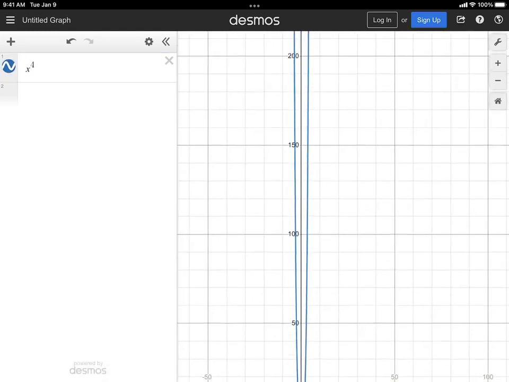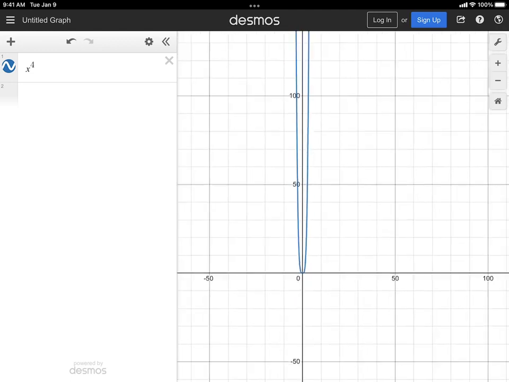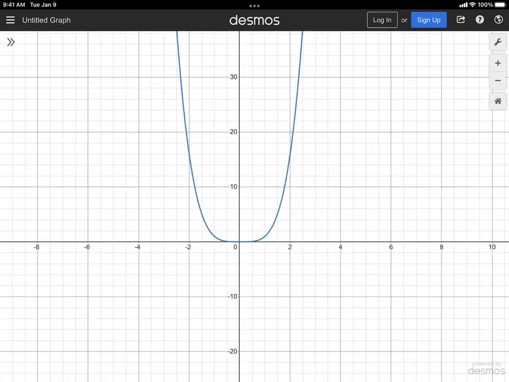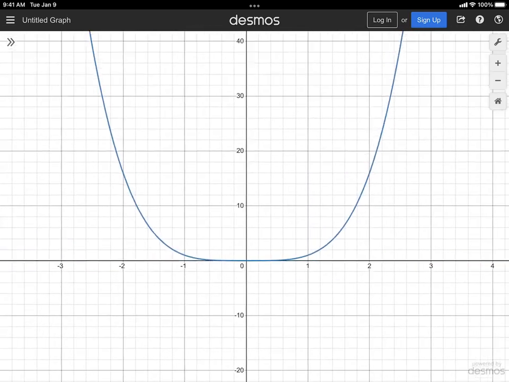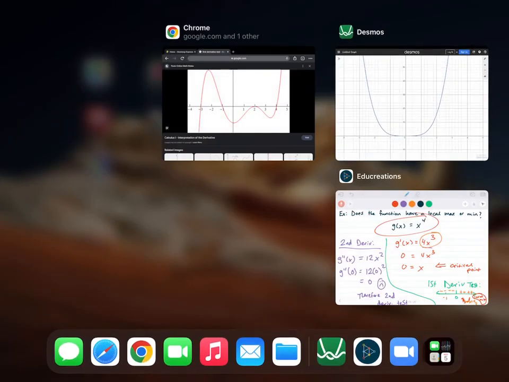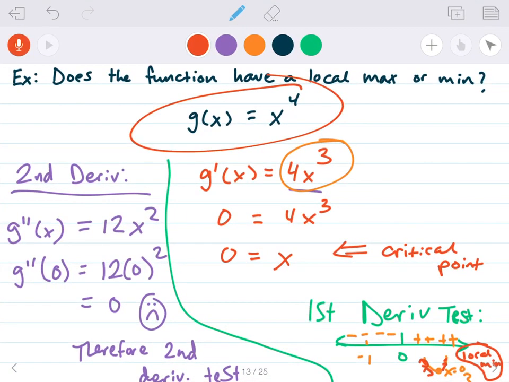And yeah, we can see this, you know, if we go down to 0, oops, let me try to zoom in here. Yeah, if we go into 0, we can see that that's obviously a local min here. Yeah. All right. So yeah, that's an instance of when the second derivative test gives us no information. But that doesn't necessarily mean that a local max or min does not exist.